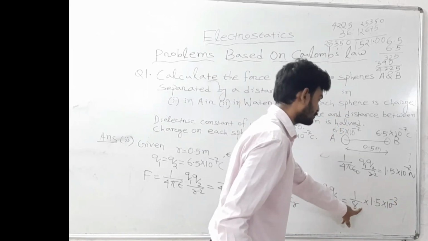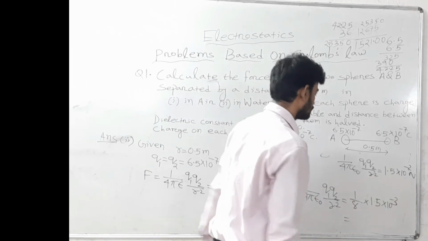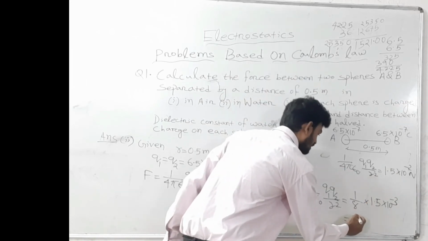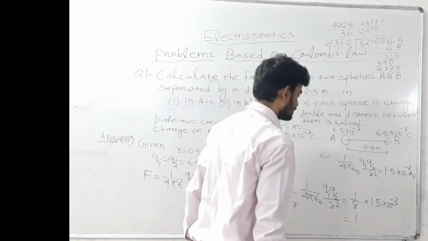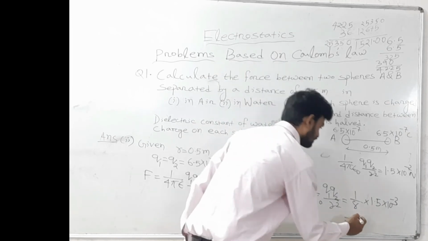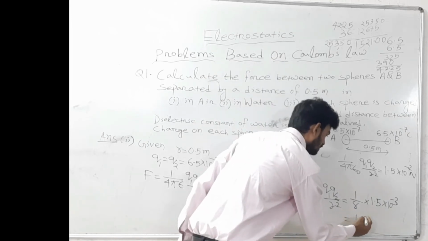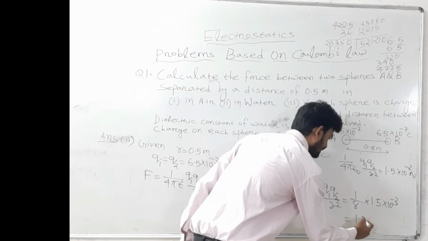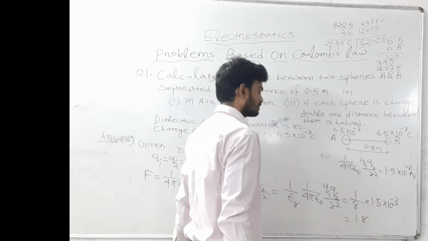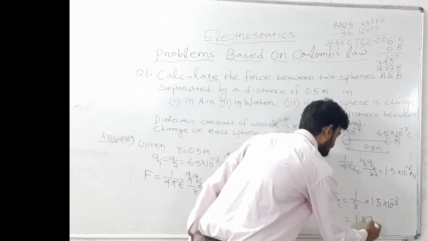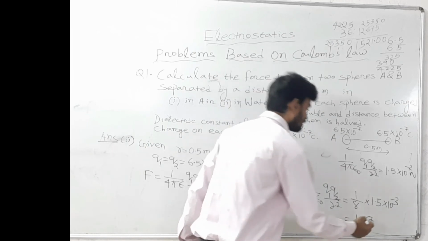8 into 10 is 10, then 8, 1, 7 remaining, 8, 8, 61 remaining, 8, 7, 4 remaining, 8, 5.